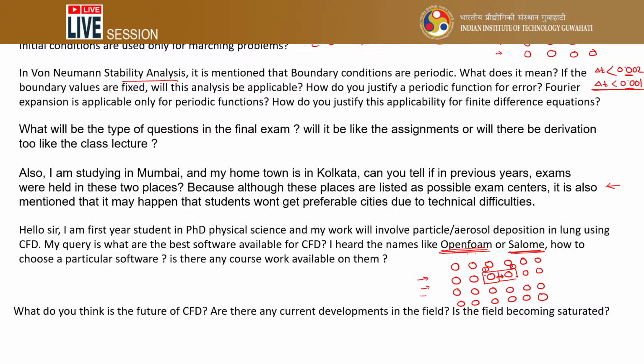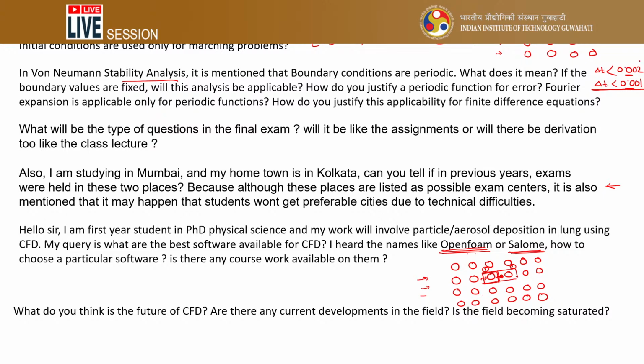This is your periodic boundary condition. Instead of solving the full problem, if you solve one unit, you will be able to understand the flow physics.